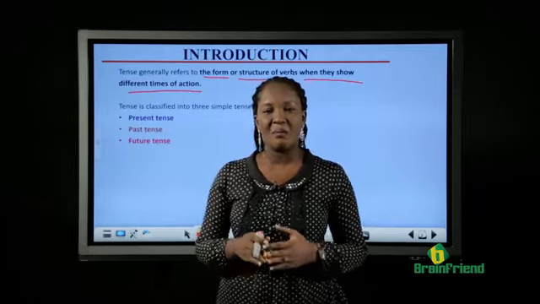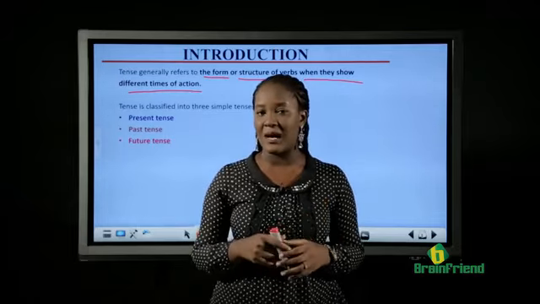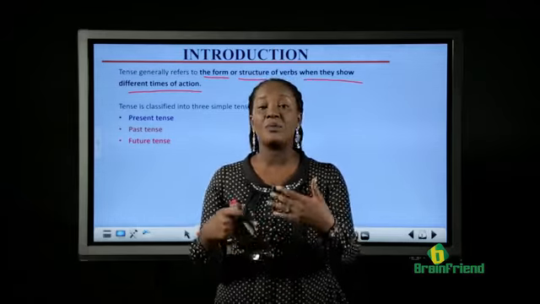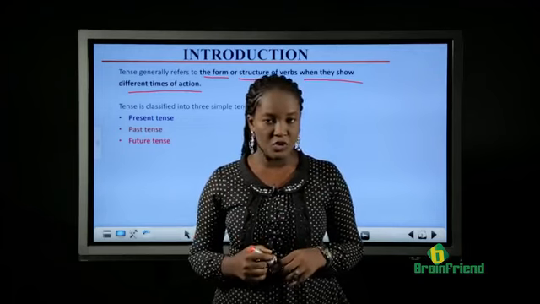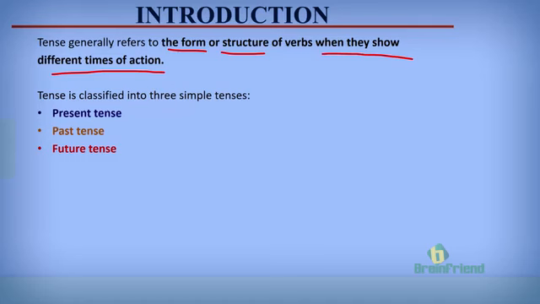Some other verbs must have happened at some point in the past, and some others will happen at some point in the future. Now we classified tense into three simple tenses, and we said we have the present tense, the past tense, and the future tense.